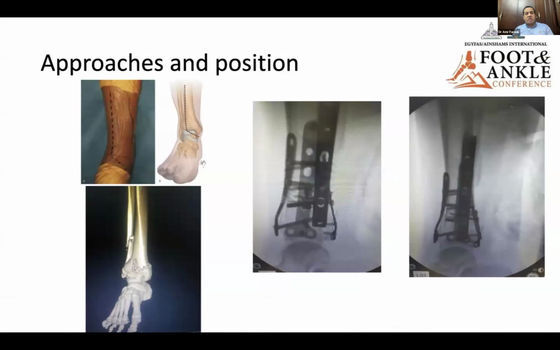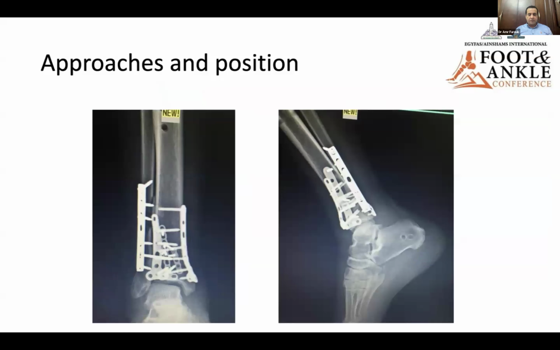So again, we change the position of the patient and we use an anterior or anteromedial approach in order to fix both the medial malleolus and the anterior chapeau fragment of the tibia. So this is after fixation.